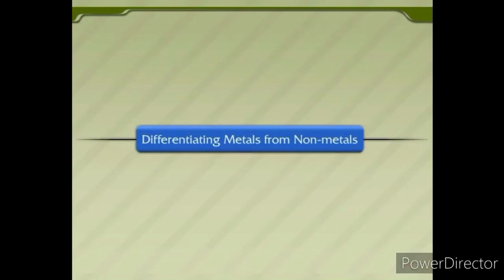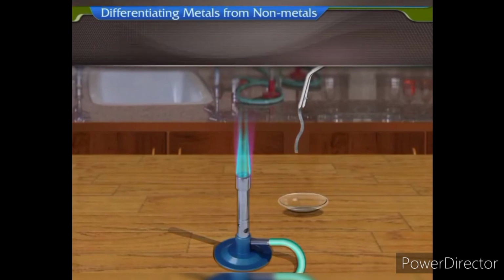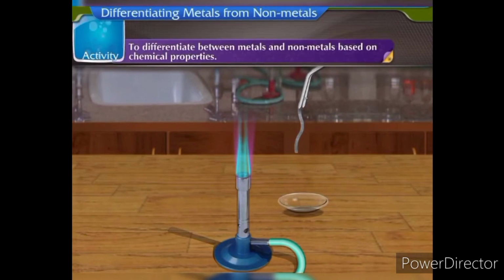Differentiating metals from non-metals. Elements can be classified more clearly into metals and non-metals on the basis of their chemical properties. Let us begin with an activity to differentiate between metals and non-metals based on their chemical properties.